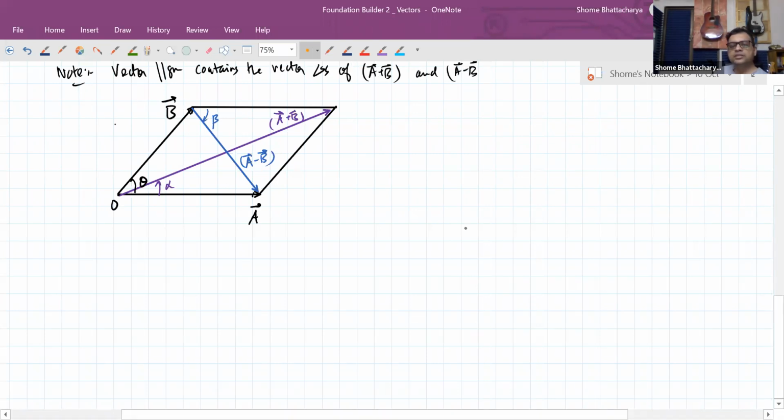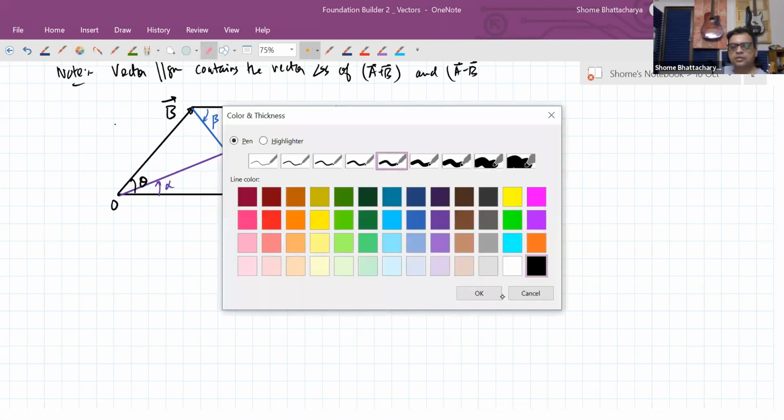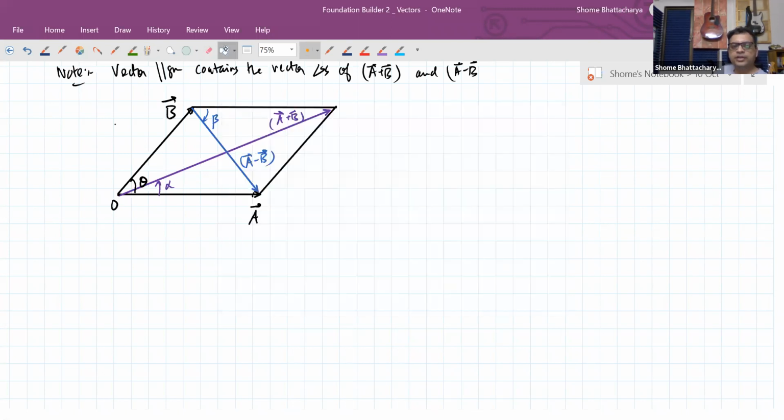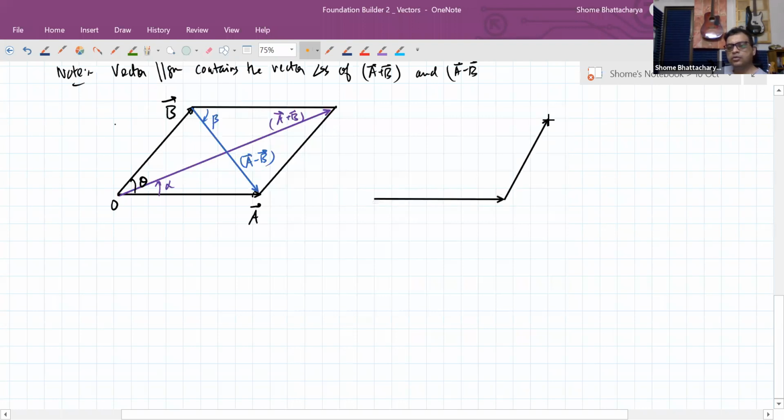So just compare this vector parallelogram with the addition of two vectors by triangle law. Okay, so if we were to do addition of these two vectors a and b by triangle law, we would have drawn vector a and then from the head of vector a we would have constructed vector b. So we would have drawn a and b, what is called head to tail, to construct that triangle.